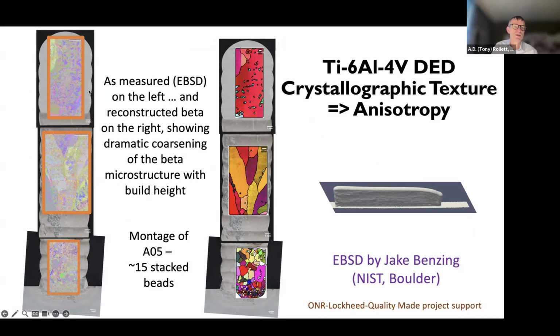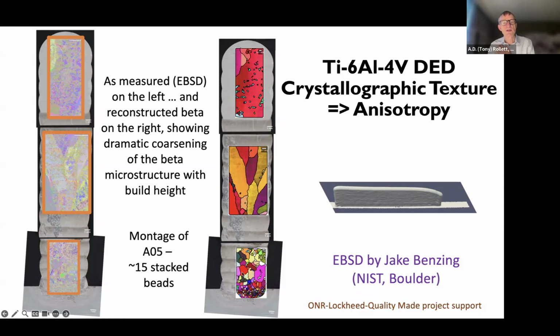So on the left, you see one of the single bead walls, and you can see representations with IPF color of what was actually measured, in other words, the alpha. But as a lot of you know, what's now readily available in various packages is you can take the martensitic structures and use them to back calculate what the parent phase orientation was, the beta phase.